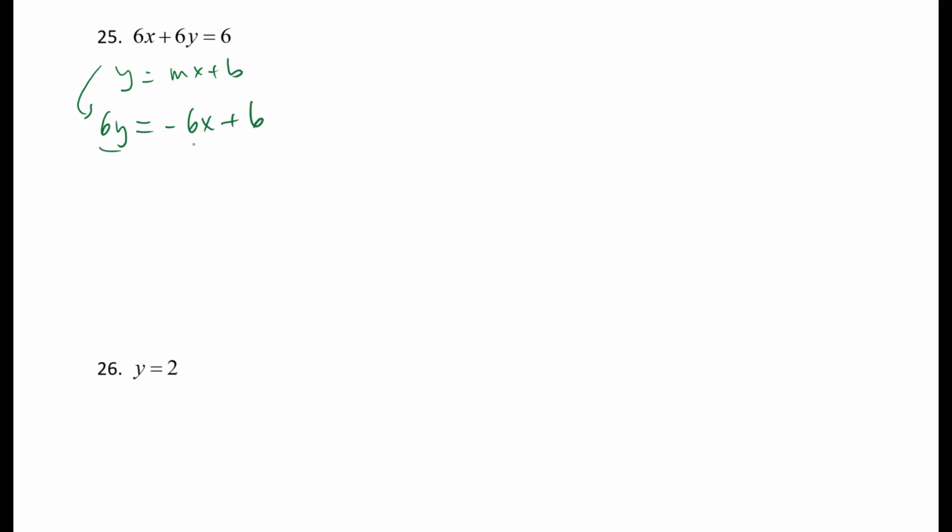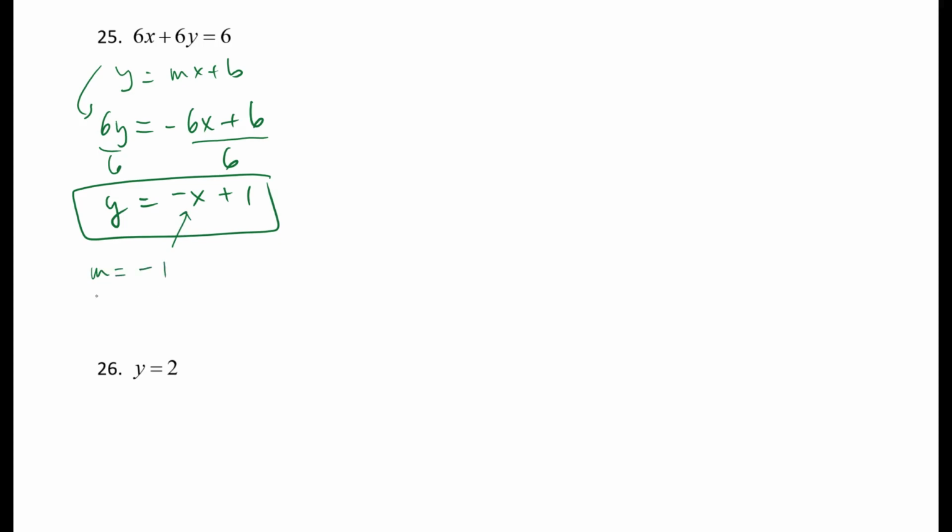And then to get y by itself, I'm going to divide both sides by 6. 6y divided by 6 is y. Negative 6x divided by 6 is negative x. 6 divided by 6 is 1. So we get y equals negative x plus 1. We can see that the slope is negative 1. The y-intercept is positive 1.